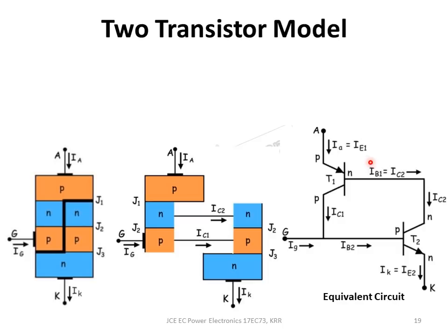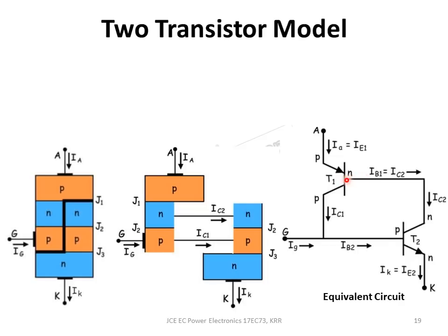This PNP has been represented like this, P, N and P. I can call it transistor 1 or T1, or even Q1. Since it is PNP, I will have the arrow inside, and wherever there is an arrow that means it's the emitter, and I call it IE1. 1 stands for this transistor 1, and since the anode current of the SCR is entering from here, this is the anode current, which is nothing but IE1, the emitter current of the PNP transistor.